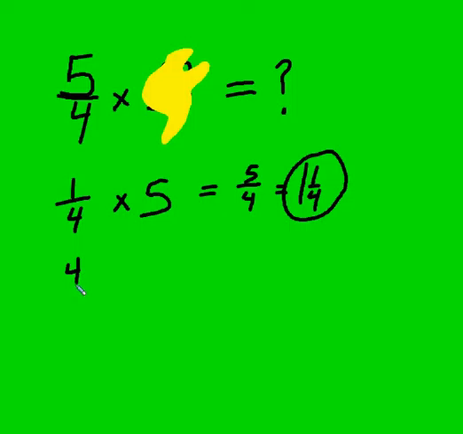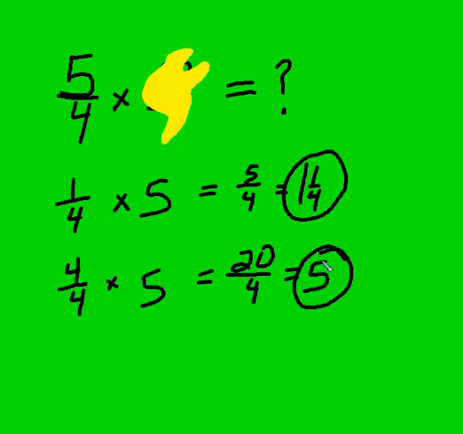If I do a fraction that's equivalent to 1, so I have 4/4 times 5, that's going to equal 20/4, which equals 5. So now my product is going to equal the unknown factor. That only happens when the fraction here is equivalent to 1, then my product is also going to be equivalent to the unknown factor.